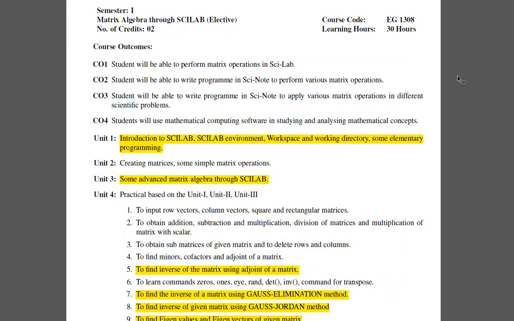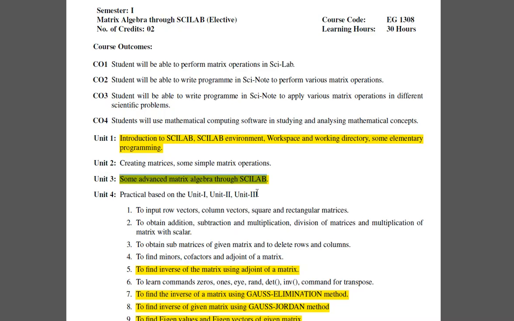This was the course syllabus that we were discussing, SciLab, matrix operations, and various matrix operations using that. All this stuff was the course outcomes that we have already done. Mathematical computing using that. Unit 1 was about the introduction of the SciLab environment, workspace, and some directories, elementary programming, then creating matrices and some matrix operations that we have done.